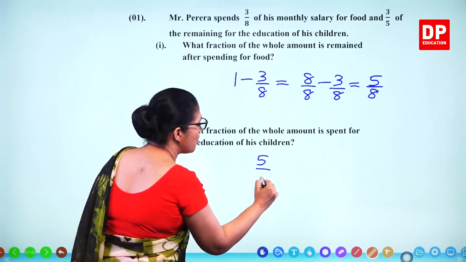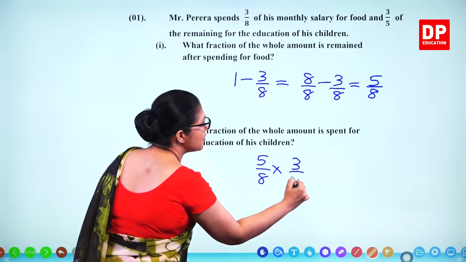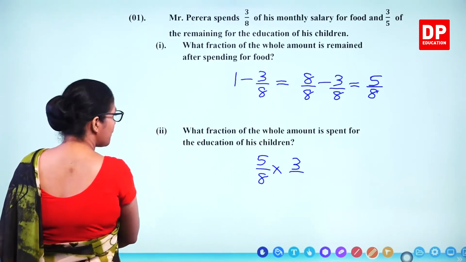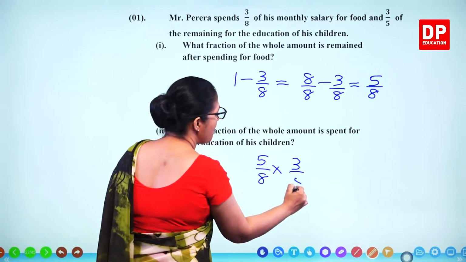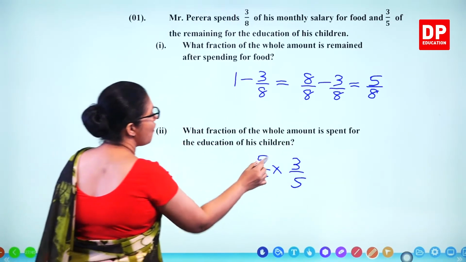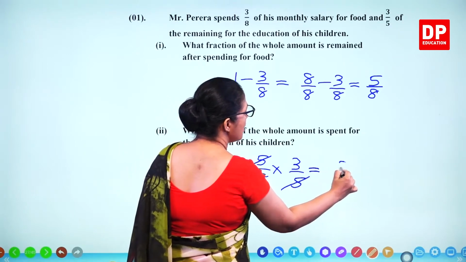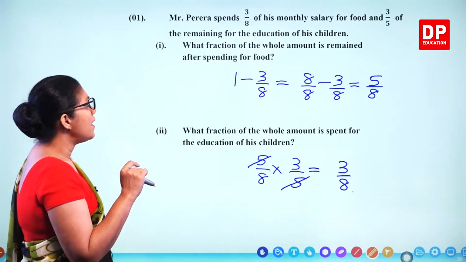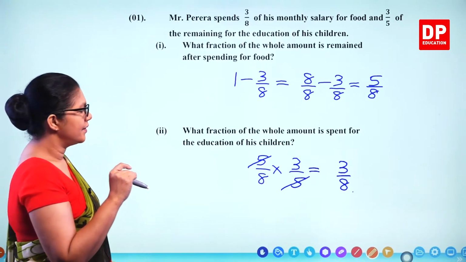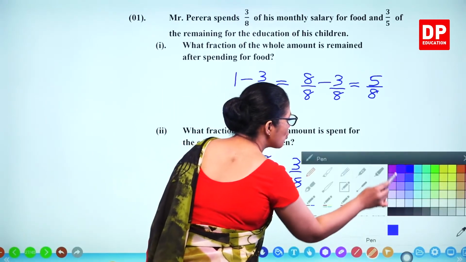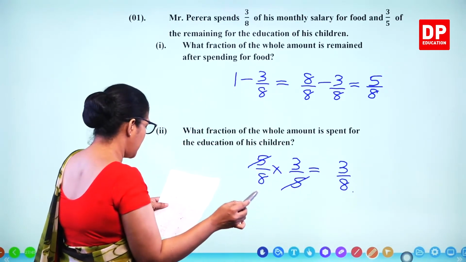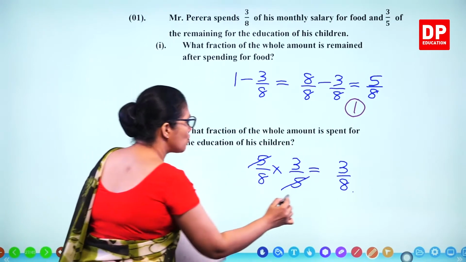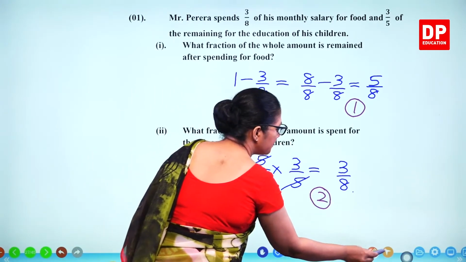So 5/8 remaining, and 3/5 of that. So 5 and 5 get cancelled out. So that means 3/8 was spent for the education of his children. So you are getting 1 mark there and 2 marks for the second part.